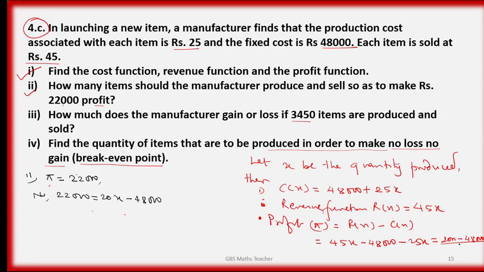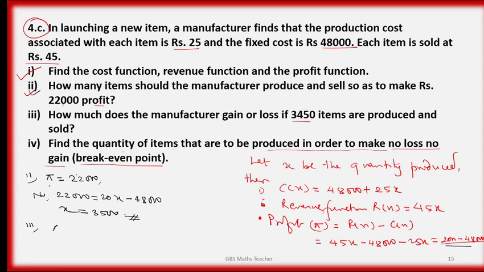In this function I keep the value. From this calculation we can solve. You can calculate: x equals 3,500. This many items should be produced to make this much profit. And third, if the items are produced, we have to find the gain or loss.